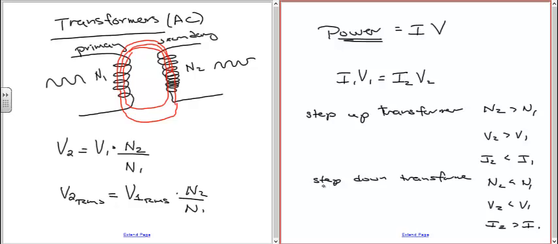You're going to lower the voltage, but the current can increase across the transformer. So these are the two relationships. And again, these would be RMS values. Now you don't have to worry about phase angle or anything like that. That doesn't come into play.